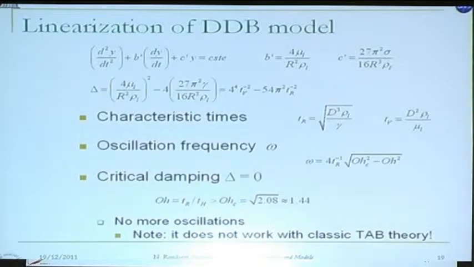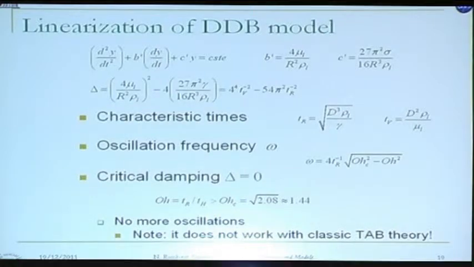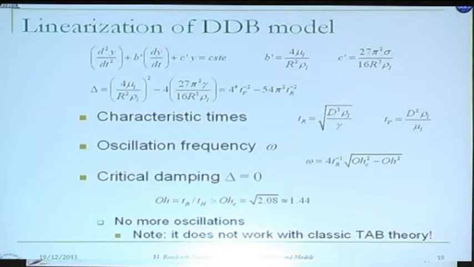When you do this, you have oscillation frequency, which appears. You can introduce the ratio between these two times. And actually, the ratio between these two times is the famous Ohnesorge number. And when this Ohnesorge number is equal to a critical value, equal to 1.44, then you have the transition from oscillation to non-oscillation.